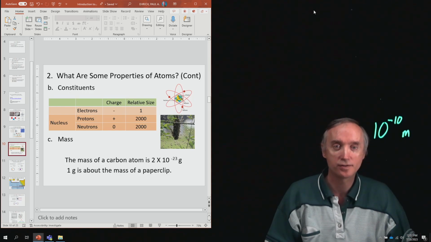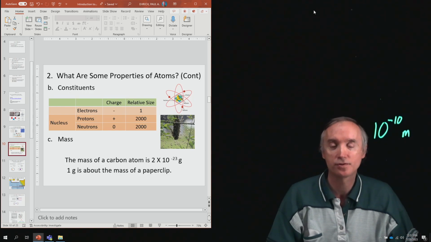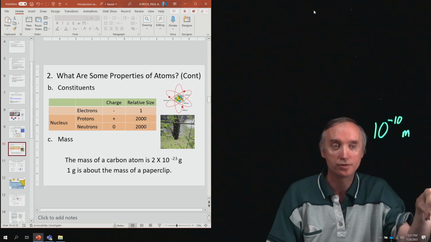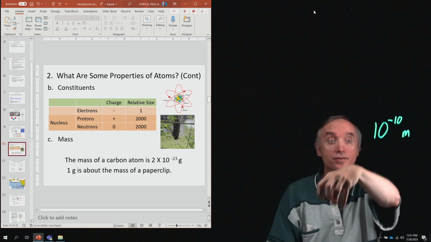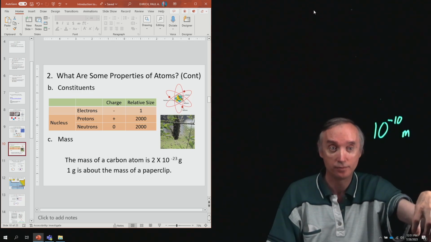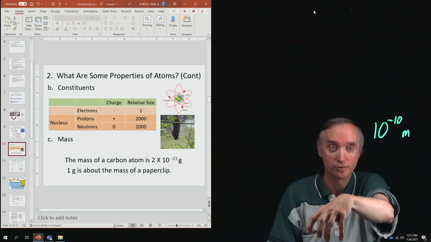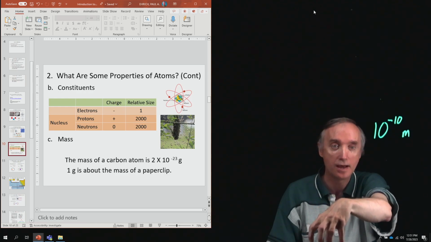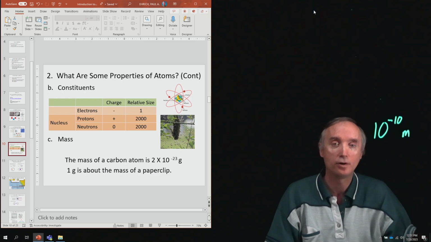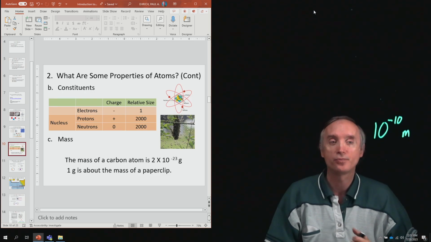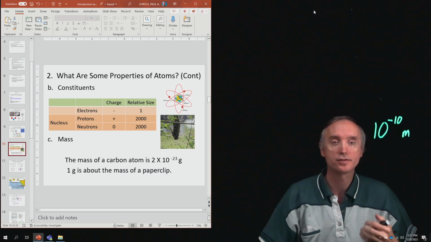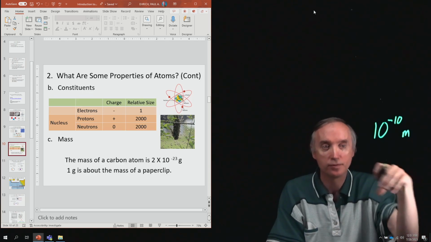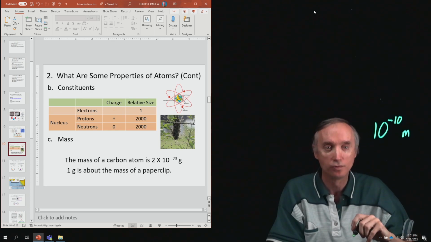Now what's interesting is that in chemistry, they don't weigh individual atoms. They weigh lots of atoms at the same time. They pick up thousands, millions, billions of atoms at once, and then they put them on their scale. Now, don't worry about this being on the test, but chemists measure chemical substances in moles.